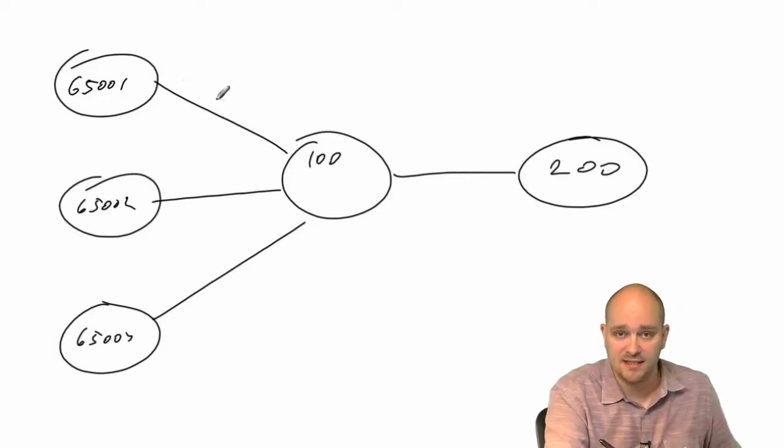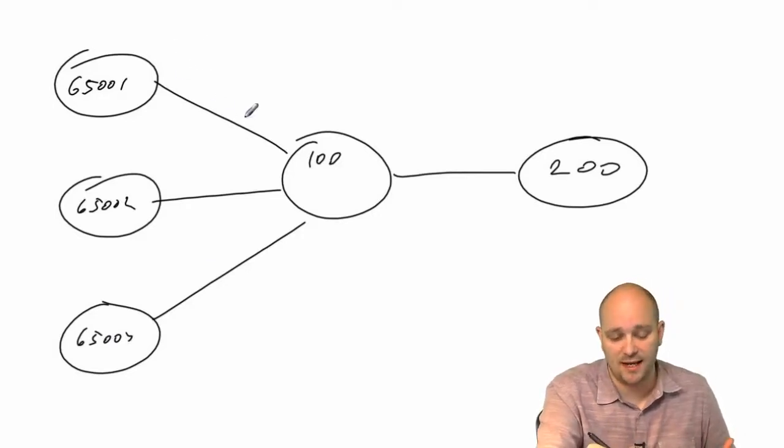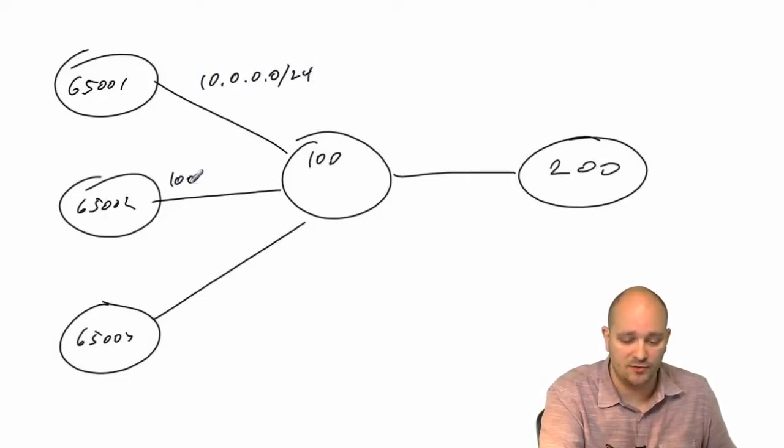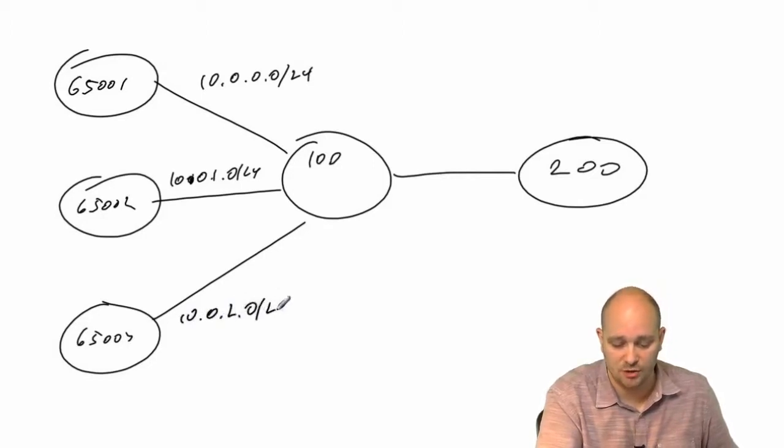And let's say that this neighbor here is advertising 10.0.0.0/24, this one here is advertising 10.0.1.0/24, and this one here is advertising 10.0.2.0/24.